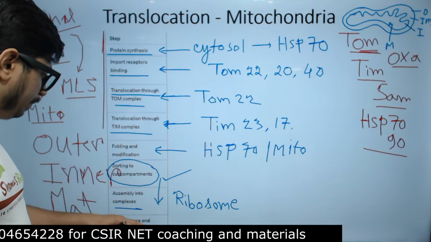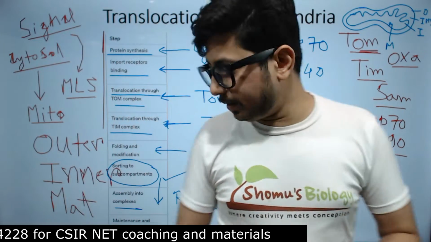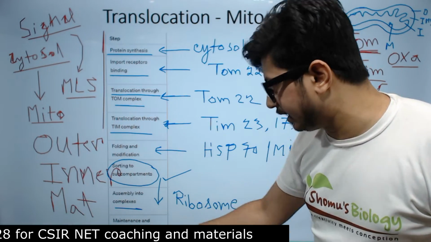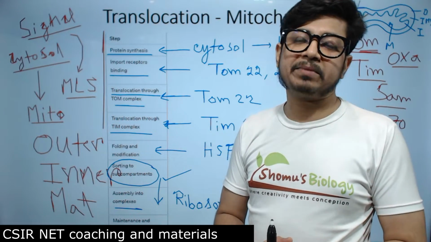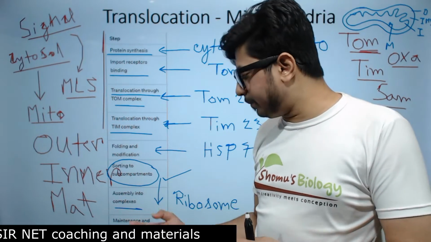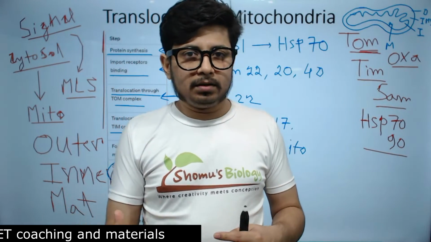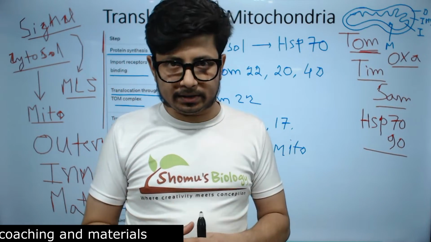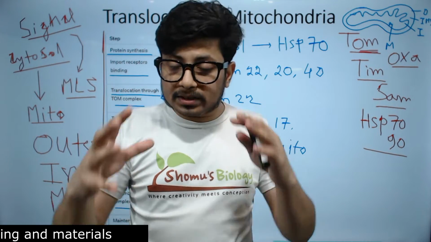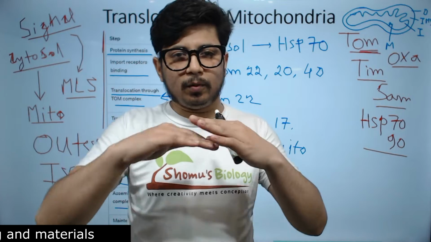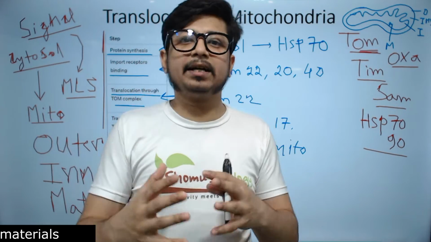After that comes maintenance and degradation. So the maintenance will be done. Why it is important to have proper maintenance and degradation is that without it, we cannot support the presence of those proteins in the mitochondria. Because inside the mitochondria, proteins that are not folded properly, that are misfolded, will be targeted for destruction.